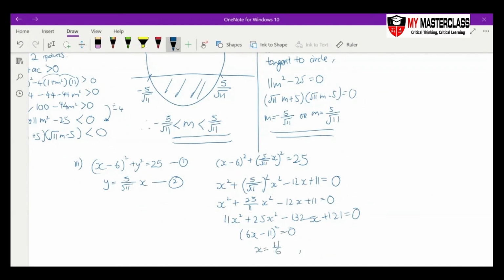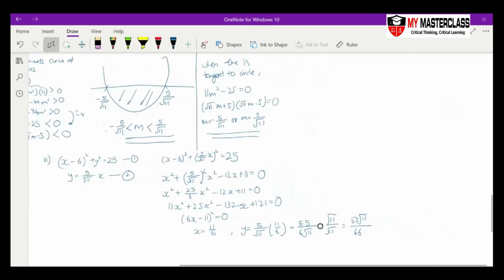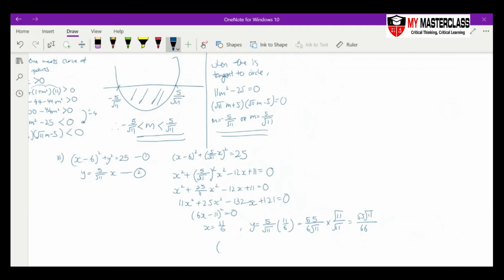Then you put it back in. y equals 5 over root 11 times 11 over 6, which is 55 over 6 root 11. Rationalize: 55 root 11 over 66. This means that the coordinates are 11 over 6, comma, 5 root 11 over 6.